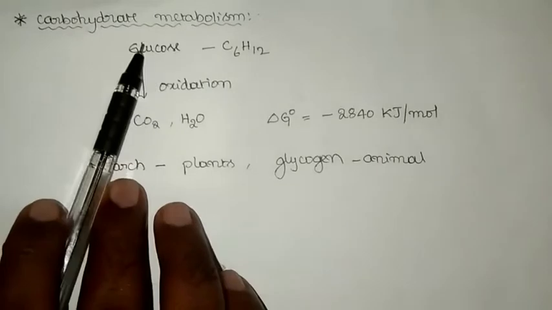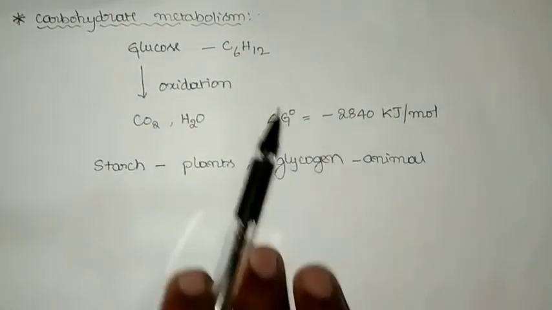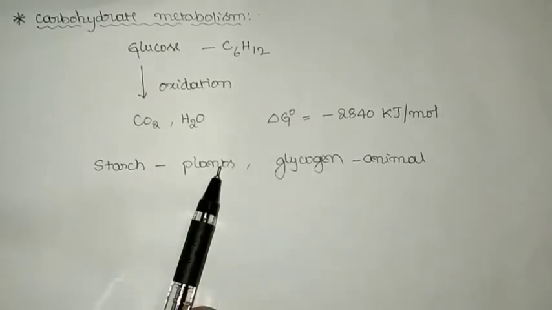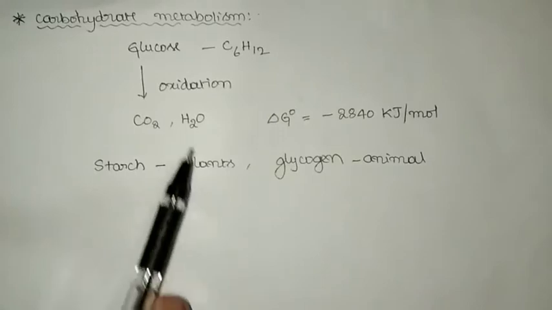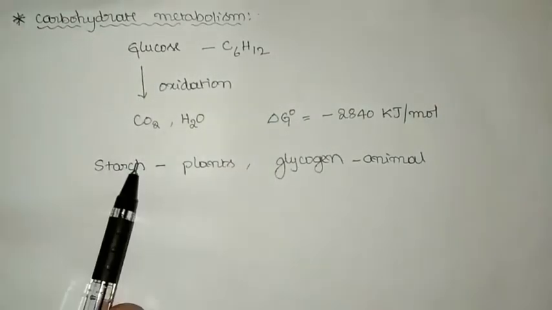Here we said glucose will undergo oxidation and produce a huge amount of free energy, which is useful for carrying out biological activity. But the work of glucose is not only in producing free energy.